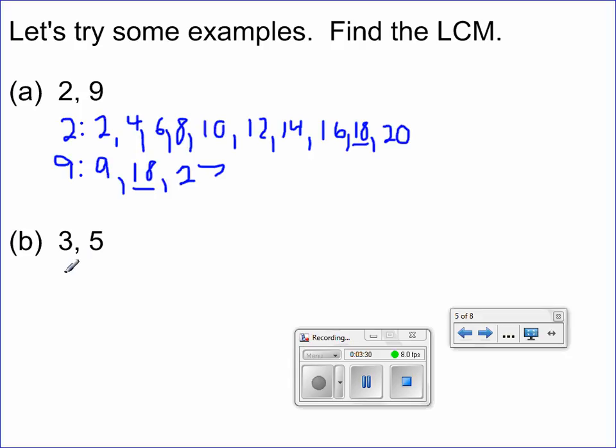Okay, for 3 and 5, we'll do the same thing. Okay, there's my list of multiples for 3, and now I'm moving on to 5.